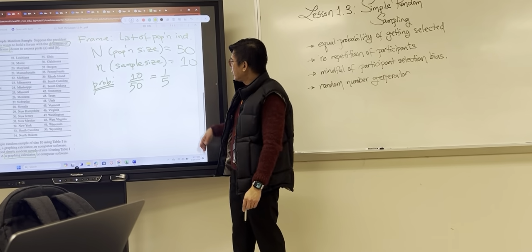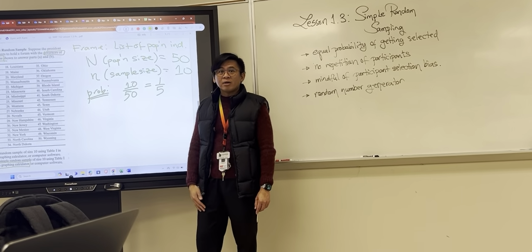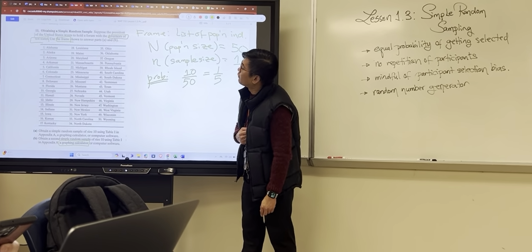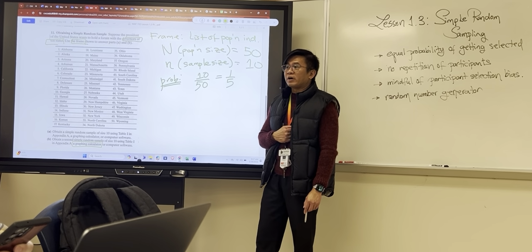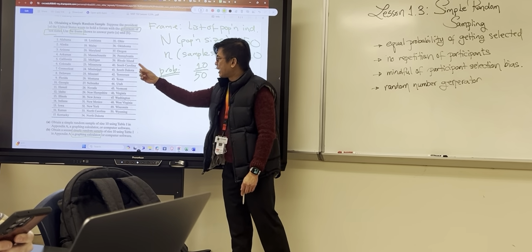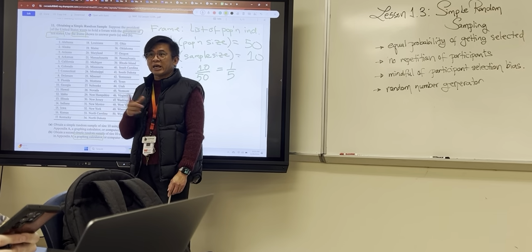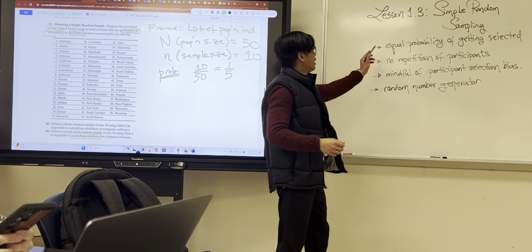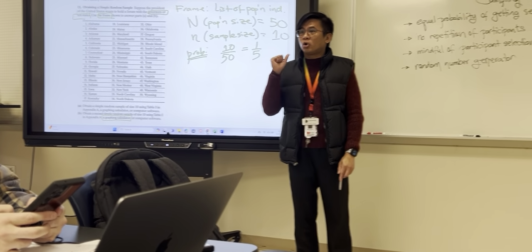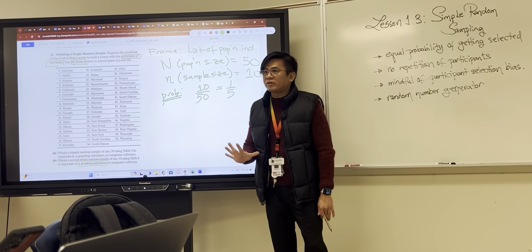So the probability, or the chance, of any state to be a part of this forum is 1 out of 5, right? Equally. South Dakota has a 1/5 chance to be selected. Montana has the same 1/5 chance to be selected. Every member of the population has an equal chance or probability to be a member of this forum of 10 governors. Are we good?